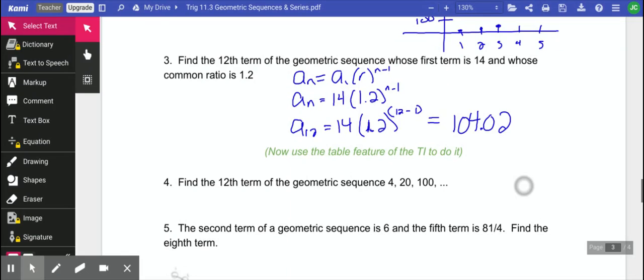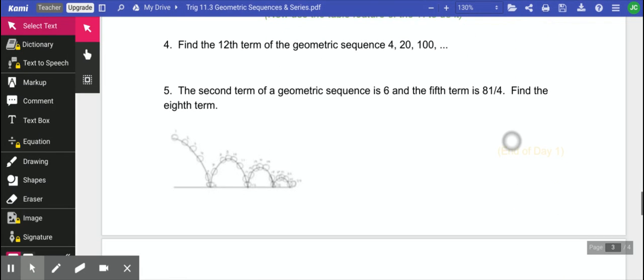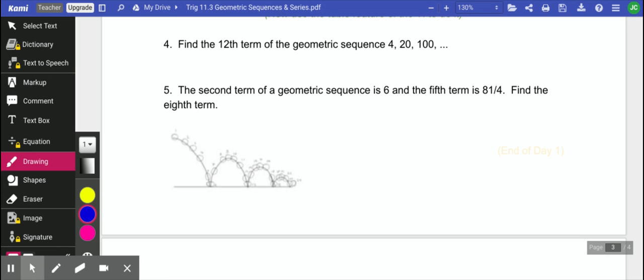We want to find the 12th term of this geometric sequence. Okay, so we're going to need that formula. Our first term is 4. We know the common ratio, which looks like we're multiplying by 5. And now we want to find the 12th term.